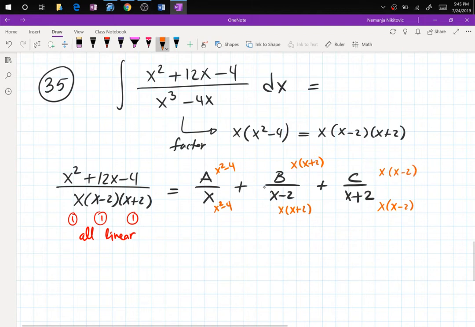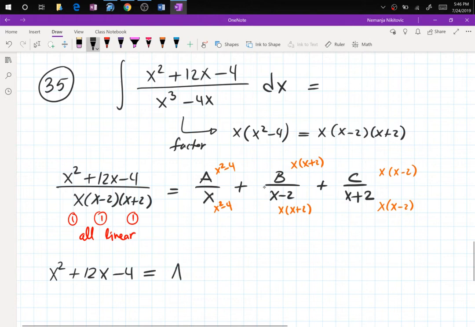We know that the denominator is going to go away because it's going to be the same on both sides, so we can just ignore it. We have x squared plus 12x minus 4 equals, and now you have to multiply all of this.